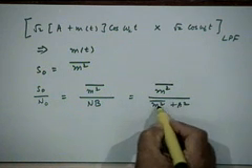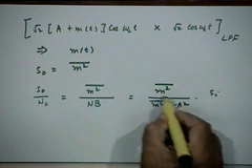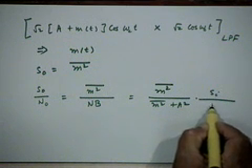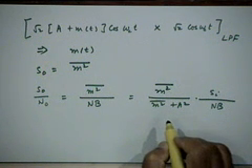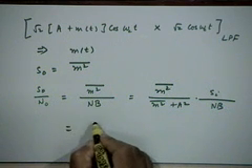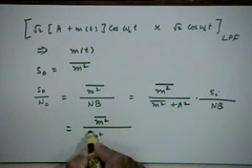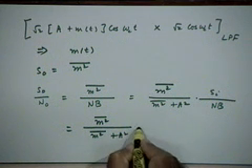I am dividing it by SI basically and multiplying it with SI. These two will cancel off and you will be left with this only upon NB, right? So this is your result, into gamma.